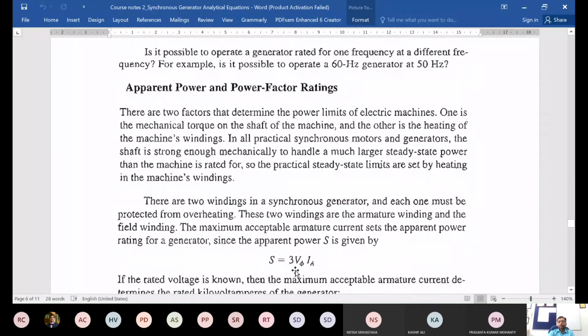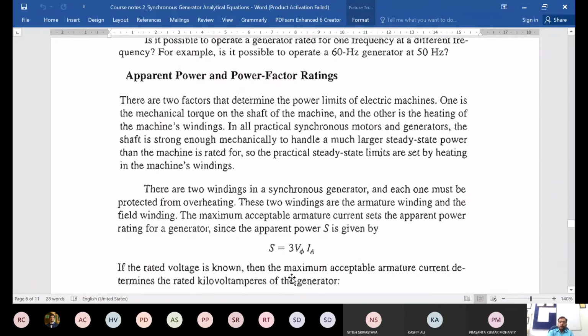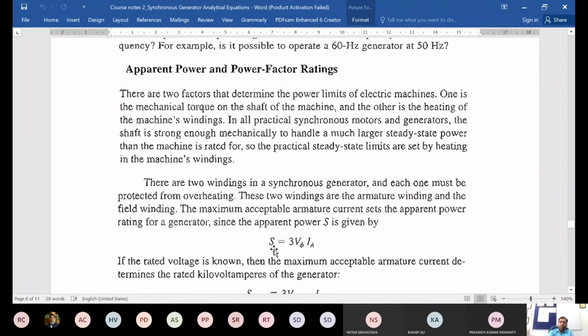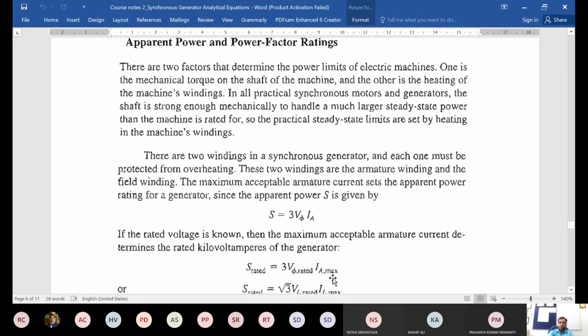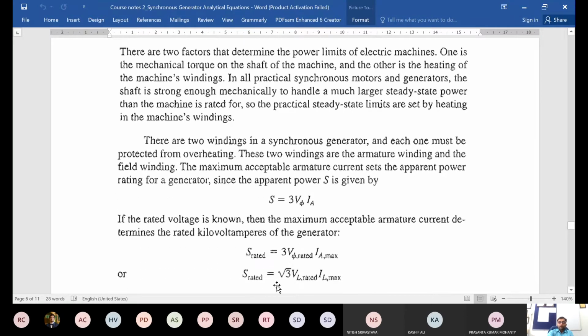It is nothing but 3 into the per phase voltage into the per phase current. The rated voltage we already discussed is determined by the rated flux and the speed of rotation, so Vφ is already known. So IA is what is going to impact S, the apparent power. The maximum acceptable armature current determines the rated kilovolt amperes of the generator. These two expressions we have also discussed earlier: one in per phase quantities and another in line quantities.